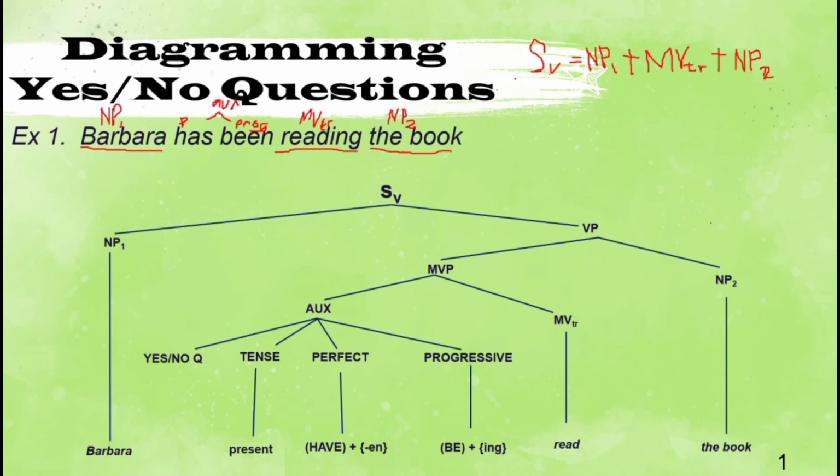The yes or no question node and the auxiliary symbolize that this sentence structure underlies a yes or no question. In every other way, it is identical to the declarative sentence: Barbara has been reading the book.